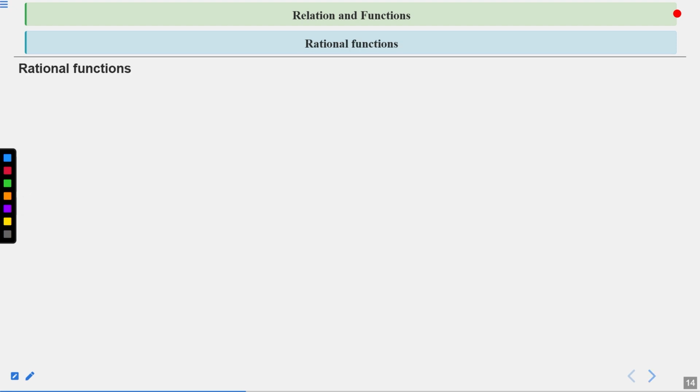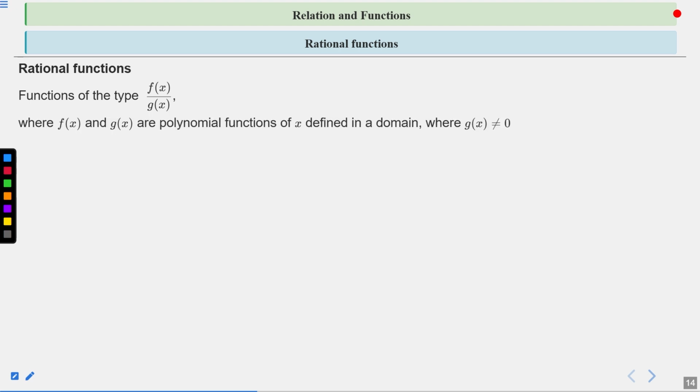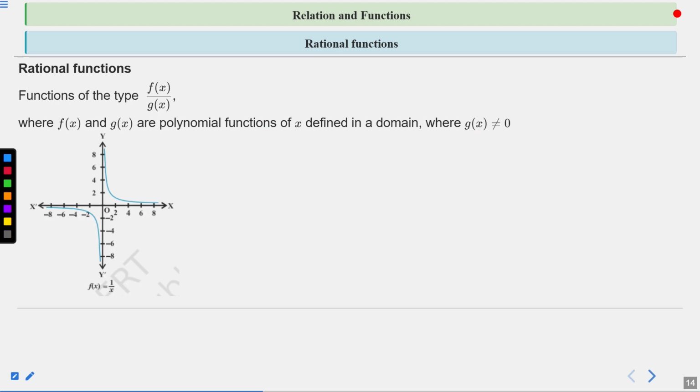Now rational functions. A function of the type f(x) by g(x), where f(x) and g(x) both are polynomial functions, and we just saw what we mean by polynomial functions. Obviously we do not want our denominator to be 0, so we require the condition that g(x) cannot be 0. So for example, f(x) is equal to 1 by x.